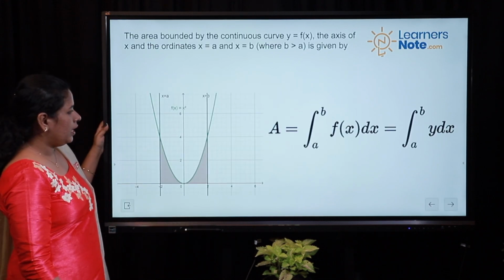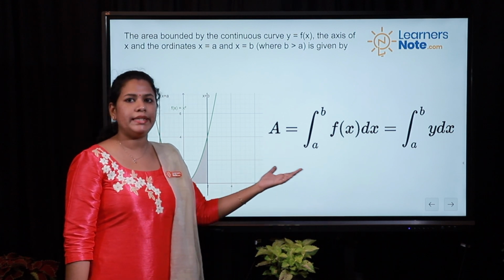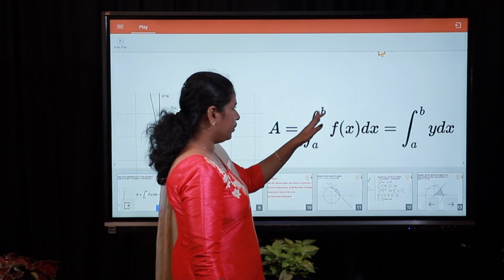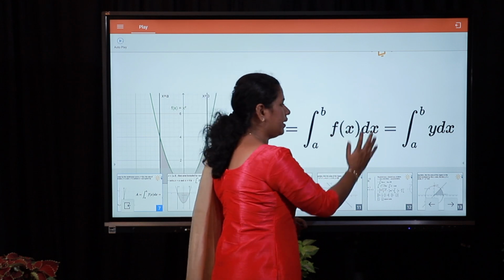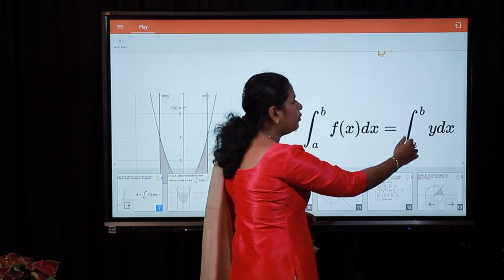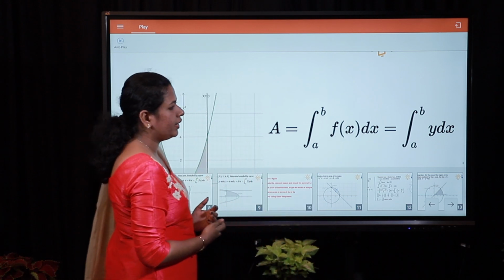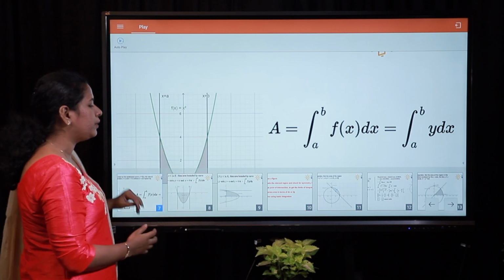Then, this is the standard equation we are going to use for calculating the area under the curve, where the area can be calculated by using the formula integration a to b f of x dx, that is, integration a to b y dx. Here we are calculating the area under the curve with respect to the x-axis.